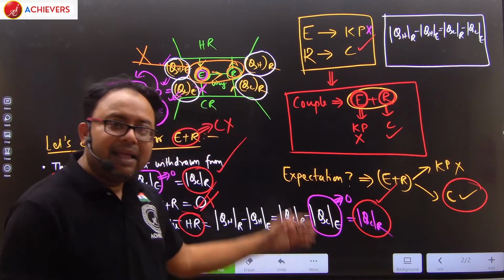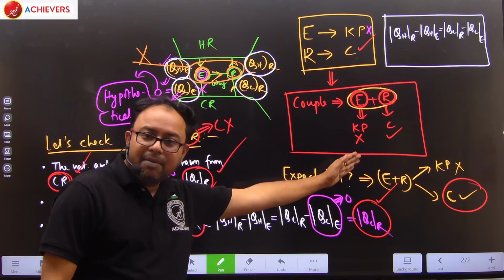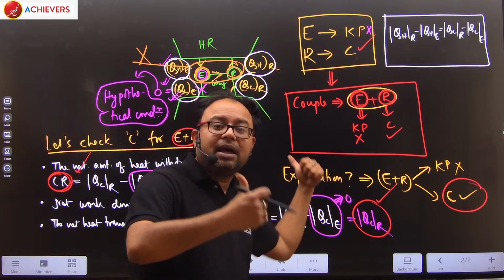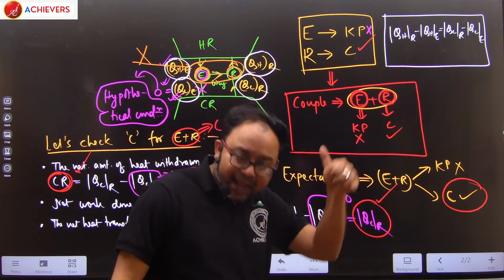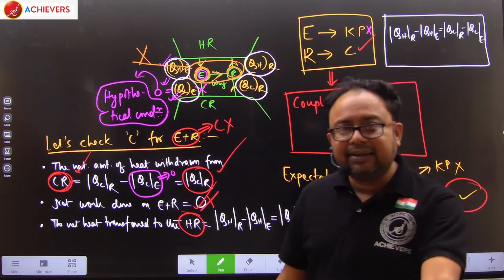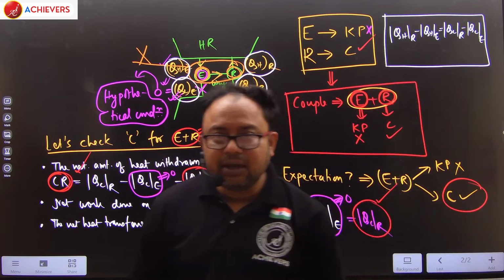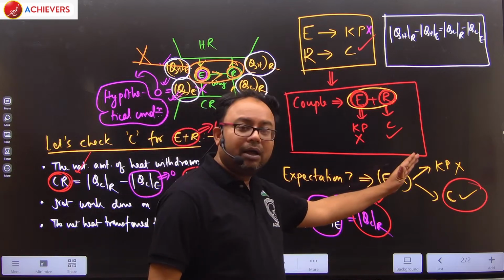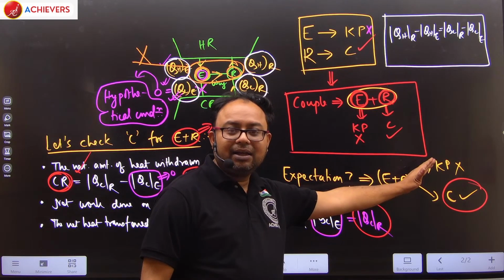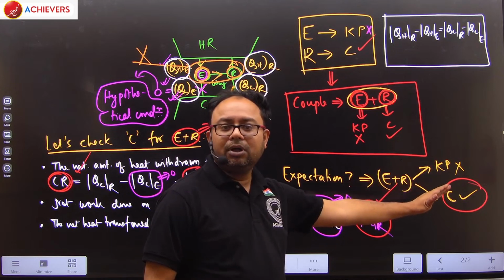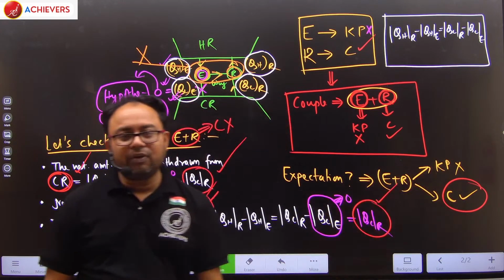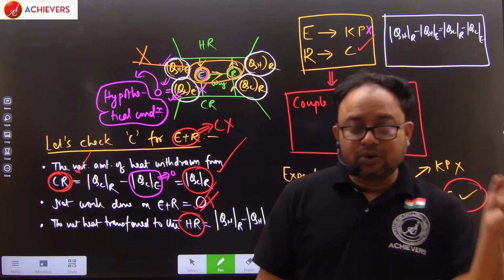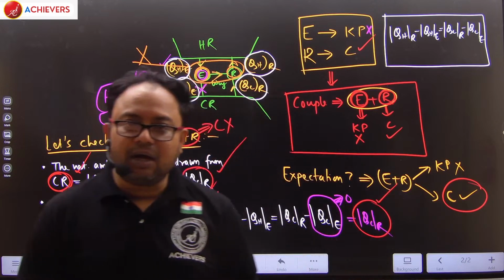We find that E plus R not only violates Kp, but it also violates C. Although it was apparent that E plus R should follow C, under actual mathematical treatment, we find that E plus R is violating C. The reason is, if Kp is violated, then C cannot be followed. So in that way, the two statements are equivalent.